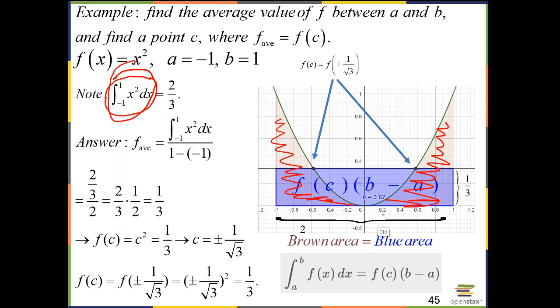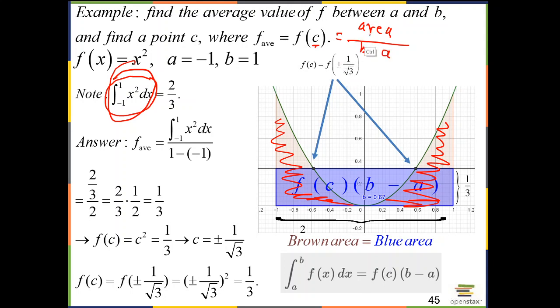Now, there has to be a number between -1 and 1 such that, at least one number, there could be more, but there is at least one number such that f at that number, let's call it c, is equal to f average, which means f at that number is equal to the area under the curve divided by b minus a, right?